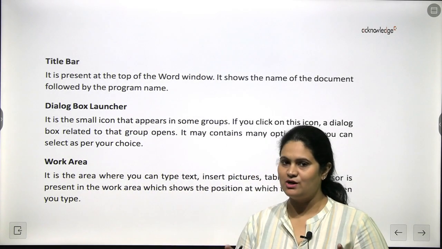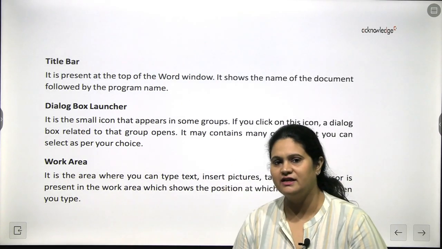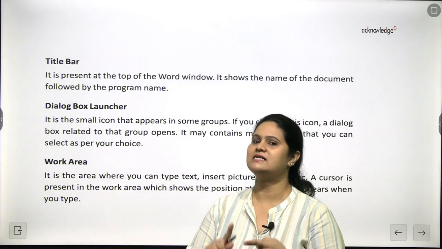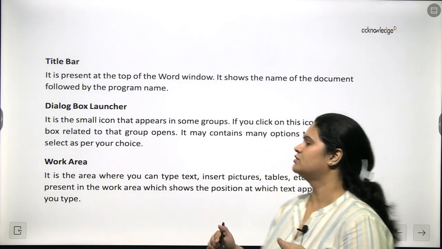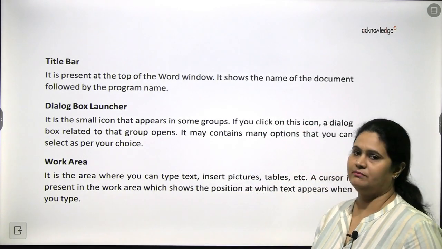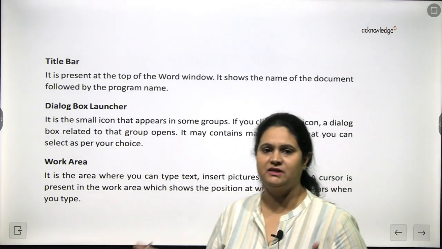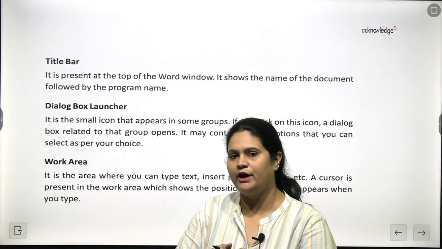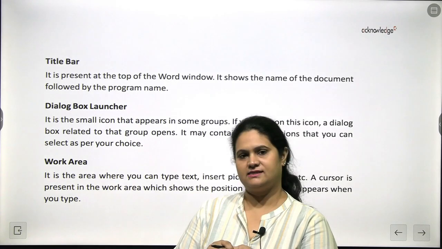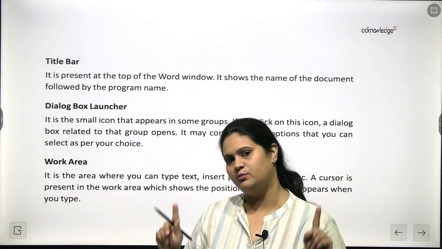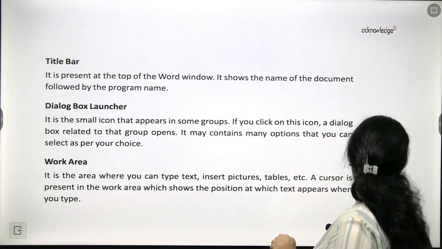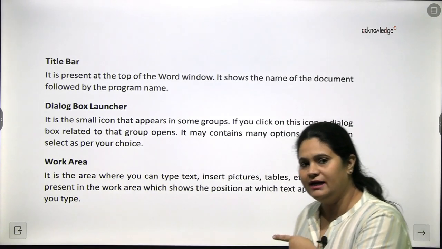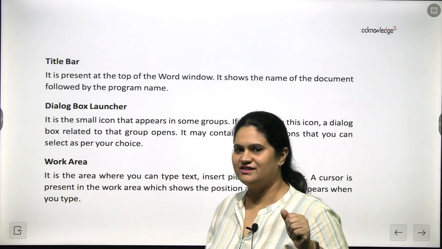Yes, it shows the position where you will start typing, right? So, whatever you add, be it a text, be it some picture, that will be added at the point where the cursor is. It will be added at that position, correct? Let's move on. Is it all clear to you? Very good, children.